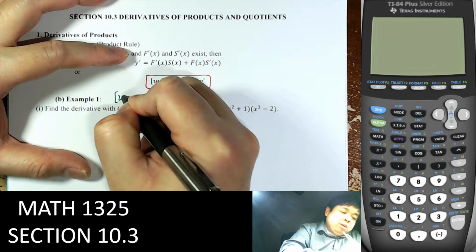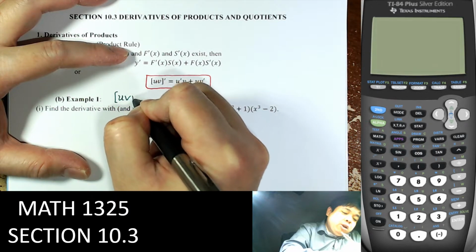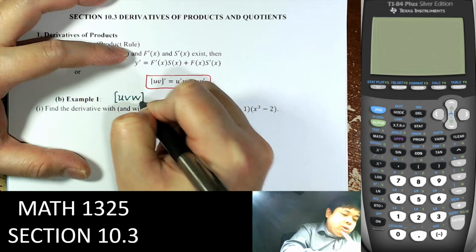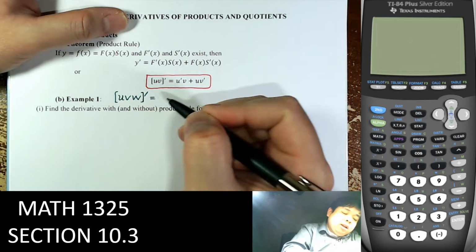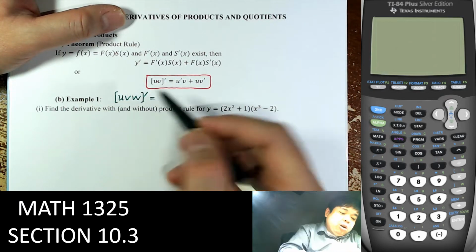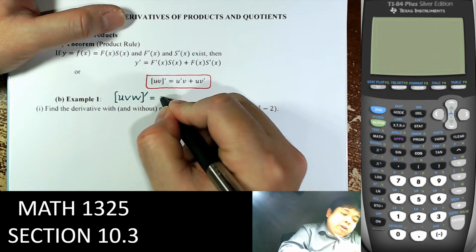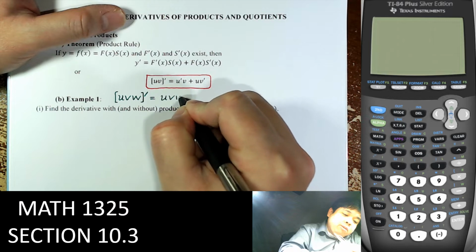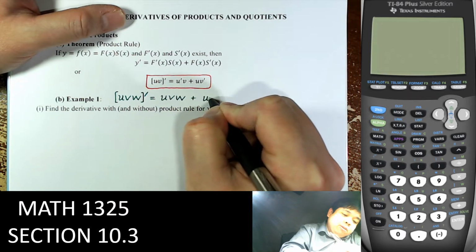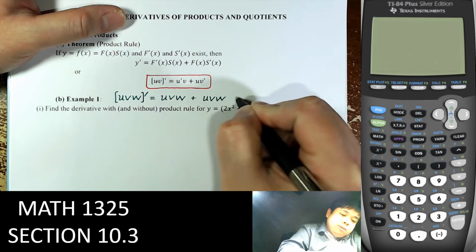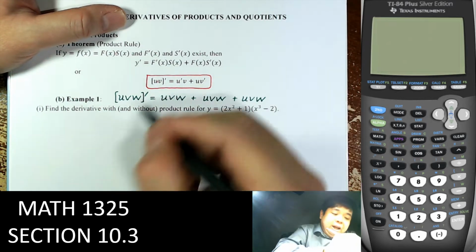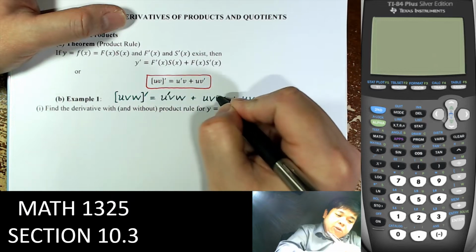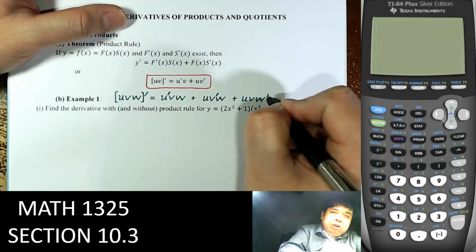If I have three terms, u, v, w, and I want to find the derivative of the product of three terms like that, then there are three of them. I will have three terms, with the derivative on the first, the derivative on the second, and the derivative on the third.